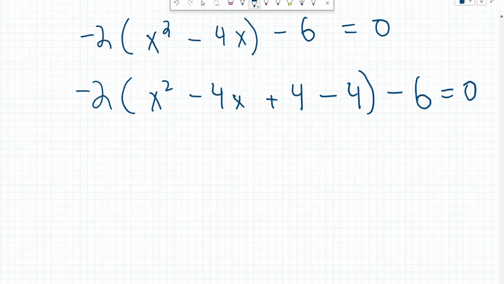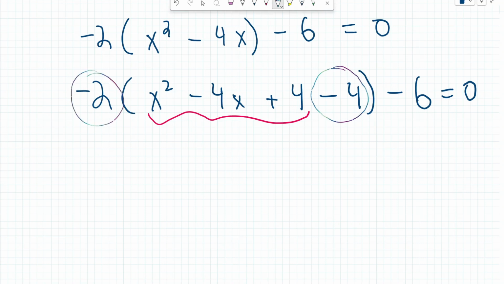Remember, we only want to consider our first 3 terms to create our perfect square trinomial. So that means we actually have to remove this negative 4 outside our bracket. But unlike last time, we have a coefficient that's not equal to 1. So in order to remove this term, we have to multiply negative 4 by negative 2, which equals 8.